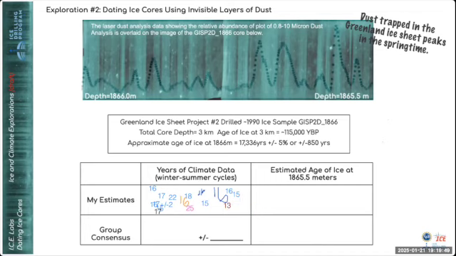that's fantastic. And I'm going to ask John, my data expert, once again to come up with a group consensus number and a plus or minus now that we have laser dust to look at, as well as the visible layers that we were counting before.